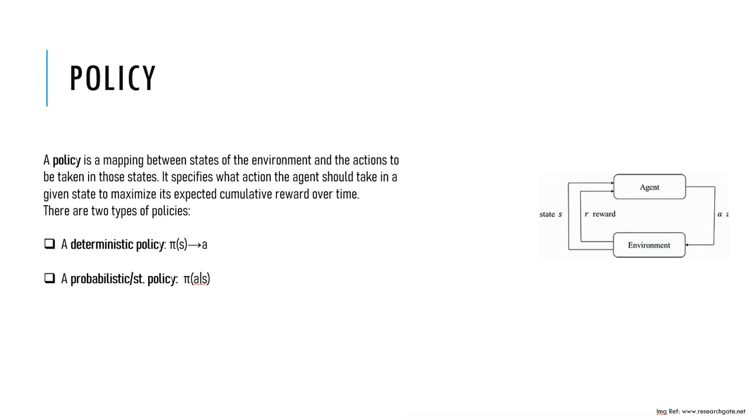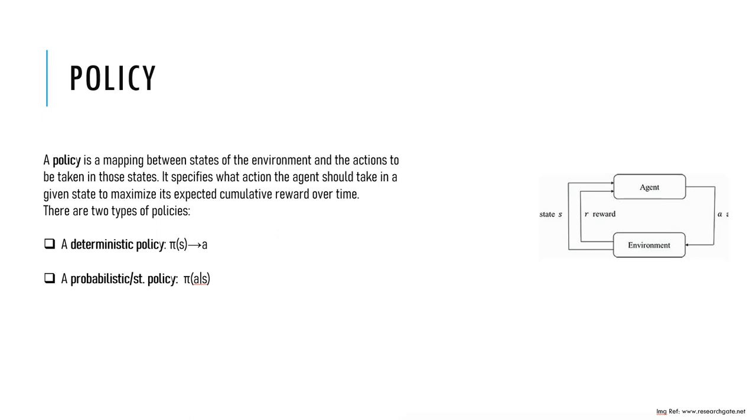On the other hand, the stochastic policy maps each state to a probability distribution over actions. For a given state, the policy specifies the probability of taking each possible action.